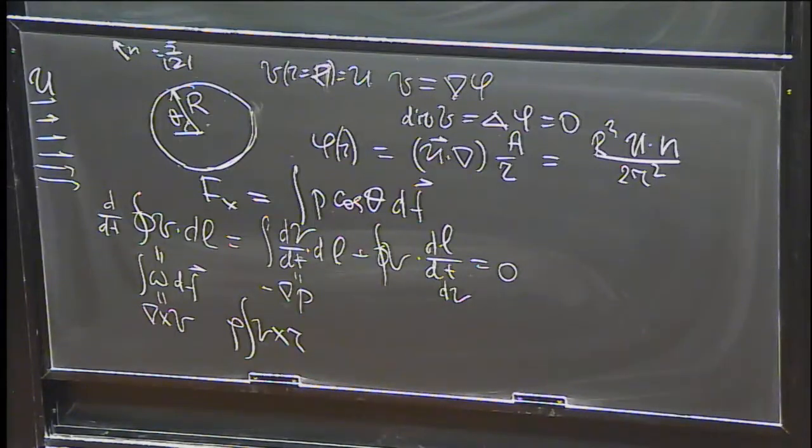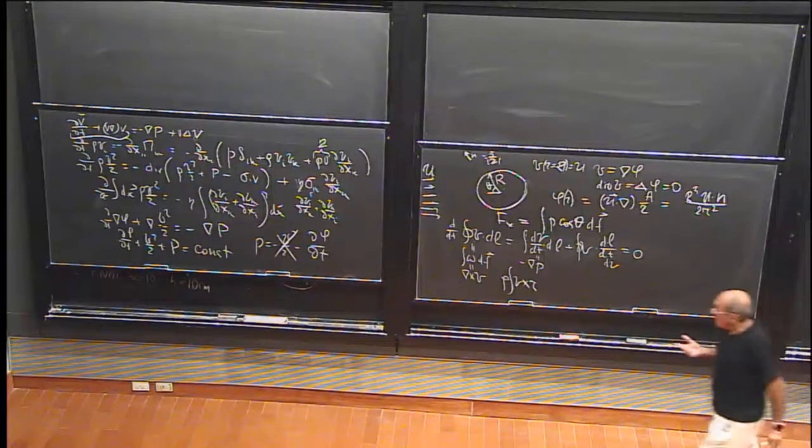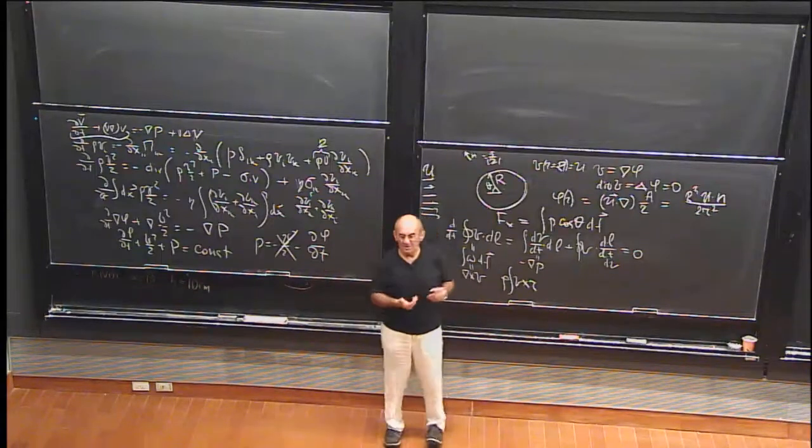Zohar, just ask the right question which tells us where the force comes from. Well, if not from here, then from here, right? But this is a time derivative. Where does time come in here?